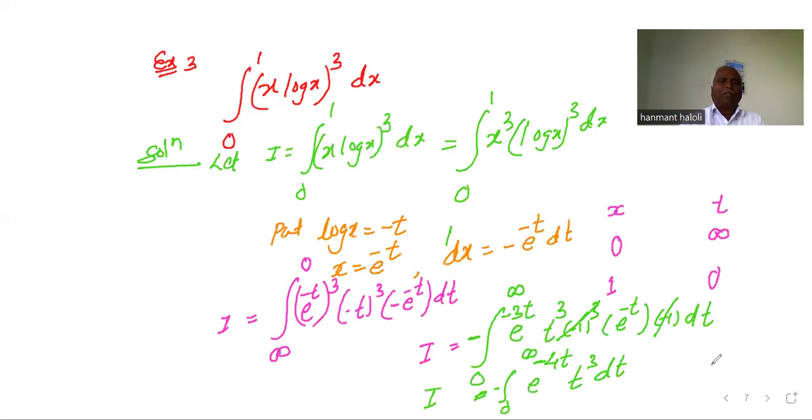Now I got here integral I equal to, you can check what you got in the previous example, integral I equals minus integral 0 to infinity e raised to minus 4t dt. I'll go to the next slide: you get integral 0 to infinity with minus sign e raised to minus 4t, t raised to 3 dt.